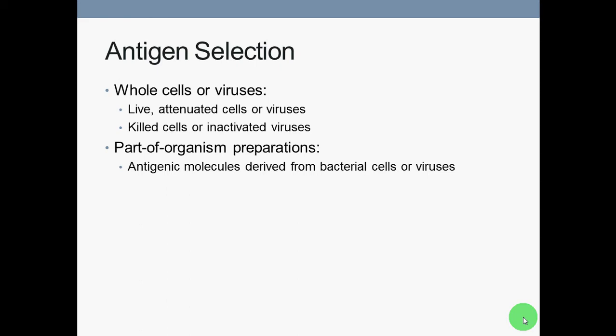Now what that means is that these organisms, whether they're microbes or viruses, are capable of being alive or active, but they're attenuated, which means that they are not capable of causing disease. Okay, so they are active but not able to cause disease.